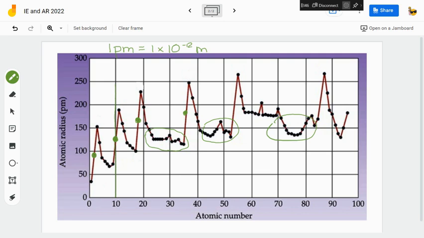So here's the reason why. So if this is hydrogen and helium's not even on the graph, then what is this one up here? That's lithium. So can you see what's happening to the atomic radius as we go down a family?